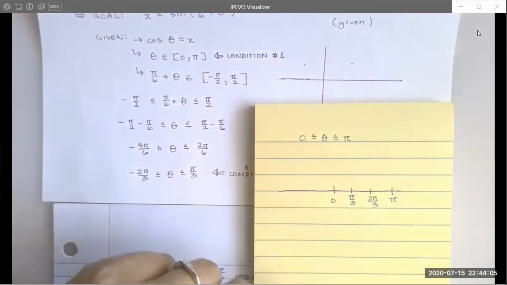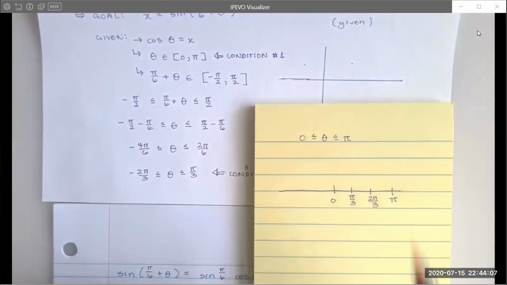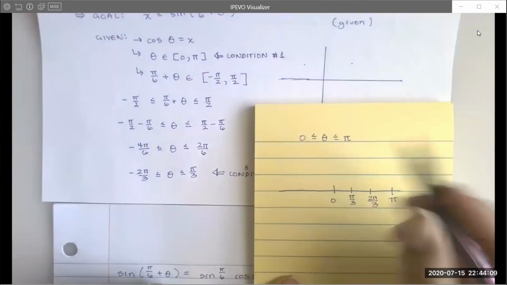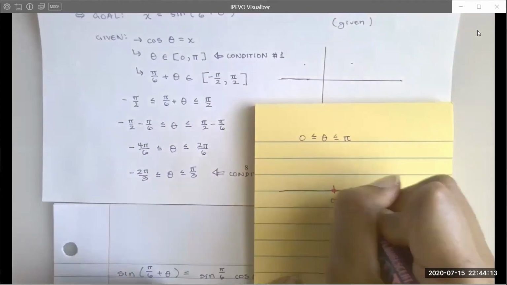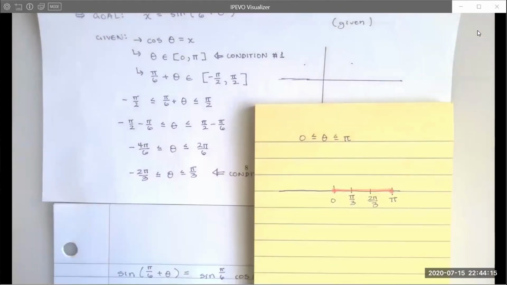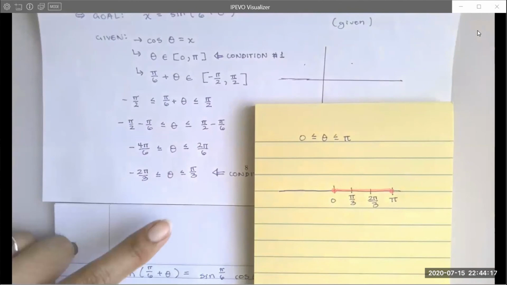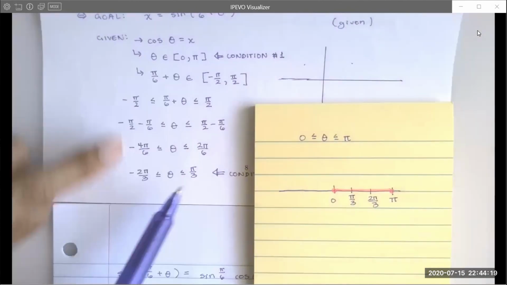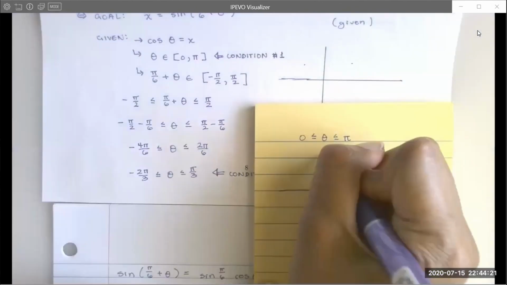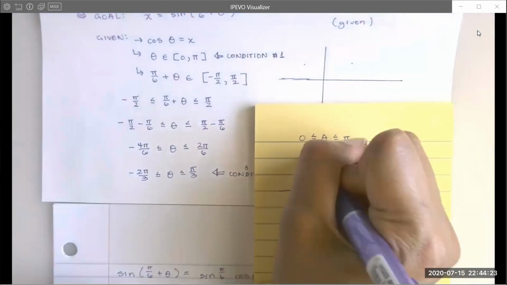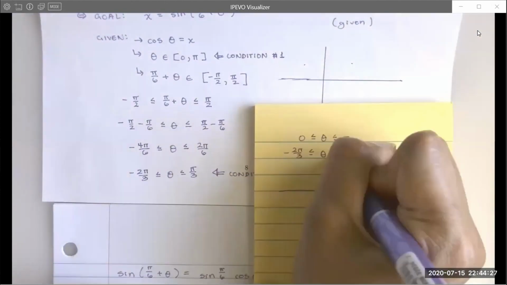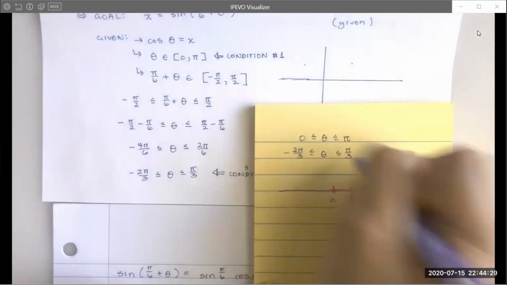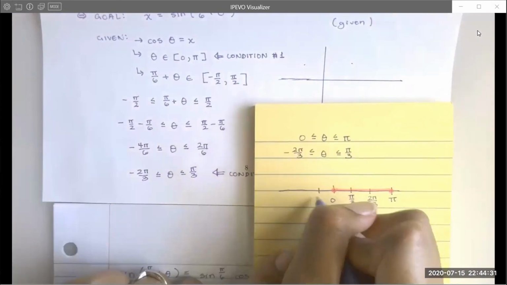Then all of the numbers that satisfy this would live between 0 and pi. So they would live there. But we have a second condition, right? That was the first condition. The second condition is that theta has to also live between negative 2 pi over 3 and pi over 3. Okay, so again, on the number line, let me just draw the negative pi over 3.